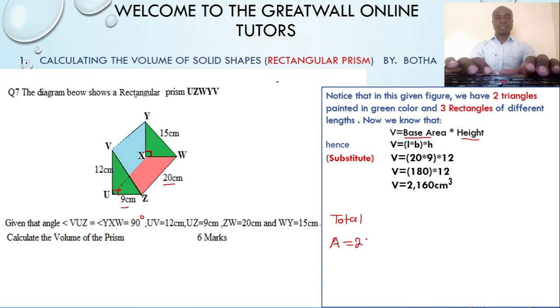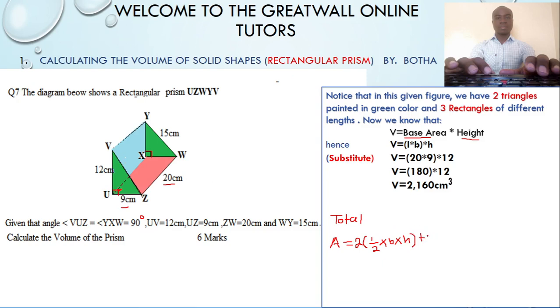Okay, so we have 2. I said we are going to multiply this 2 by the area of a triangle, because we have 2 triangles painted in green. So multiply by the base of that triangle, multiply by the height of that triangle, right? Plus, we also have 3 rectangles of different lengths.